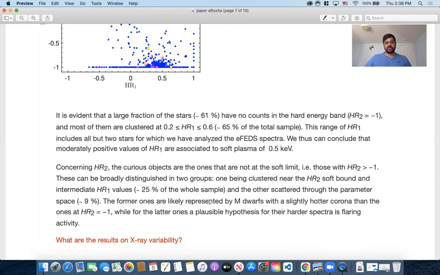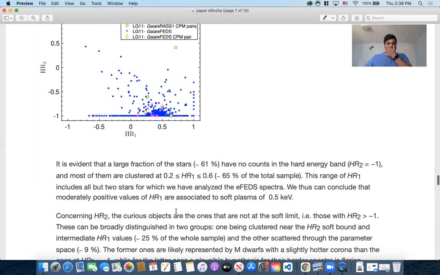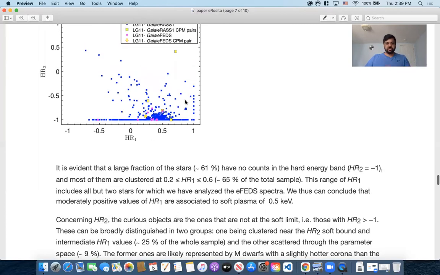The former ones are likely represented by M dwarfs with a slightly hotter corona than the ones at HR2 equal to -1, while for the latter one, a plausible hypothesis for their harder spectra is flaring activity. So these are probably due to flaring, and this has a higher corona.